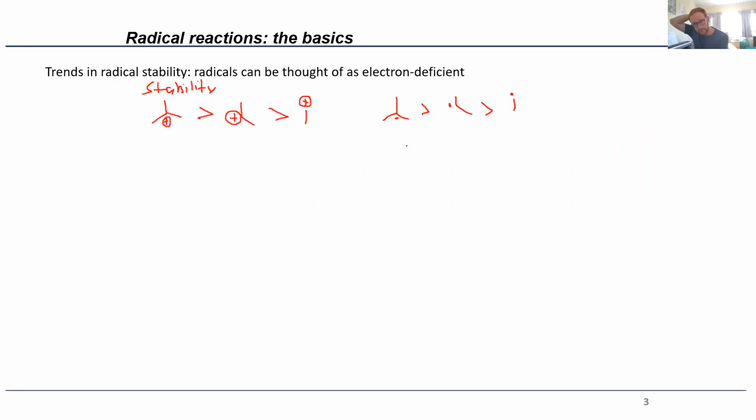Now, when we think about bond dissociation energies, it goes in the opposite order because that's the energy required to form the radical. So if you're forming a more stable species, the bond dissociation energy is lower. And so for BDE, you just think about it as the opposite order as the stability.